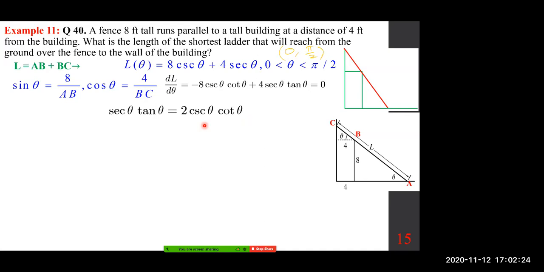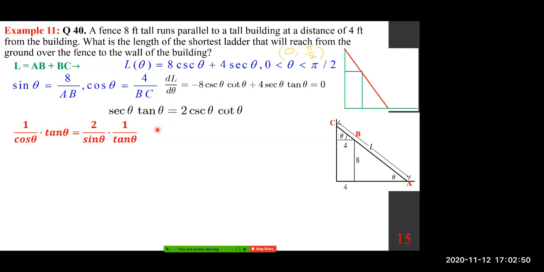So what is secant theta? 1 over cosine theta, times tan theta. What is cosecant theta? 1 over sine theta. What is cotangent theta? 1 over tan theta. Take a look at what we are going to do. As it appears, we can use tangent. So secant, we change it. Cosecant, we change it.